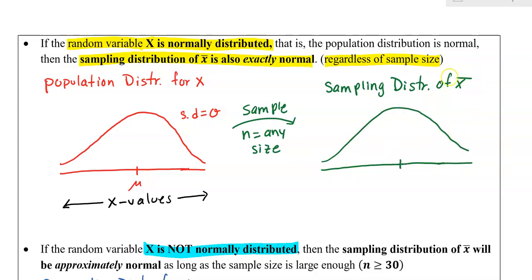Now it's about x bar, so the mean is mu of x bar, and the standard deviation is sigma of x bar. Here the values on the variable are no longer individual x's, but the means of the samples, so x bar values.